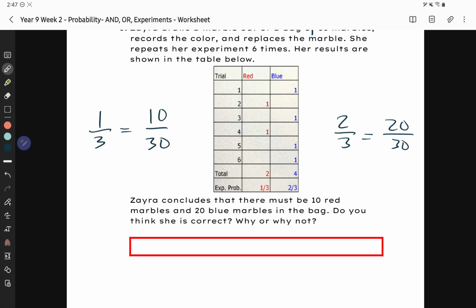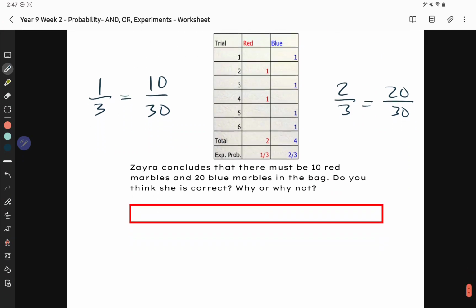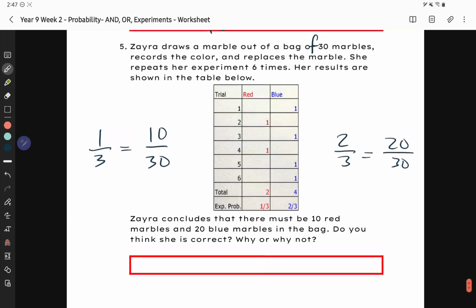However, from a bag of 30 marbles, doing it only 6 times, it's really not much. So we cannot really conclude anything. We just say, we don't know yet. It's quite likely that Zaira's wrong. And why or why not? Because the trial number should be larger than 6.